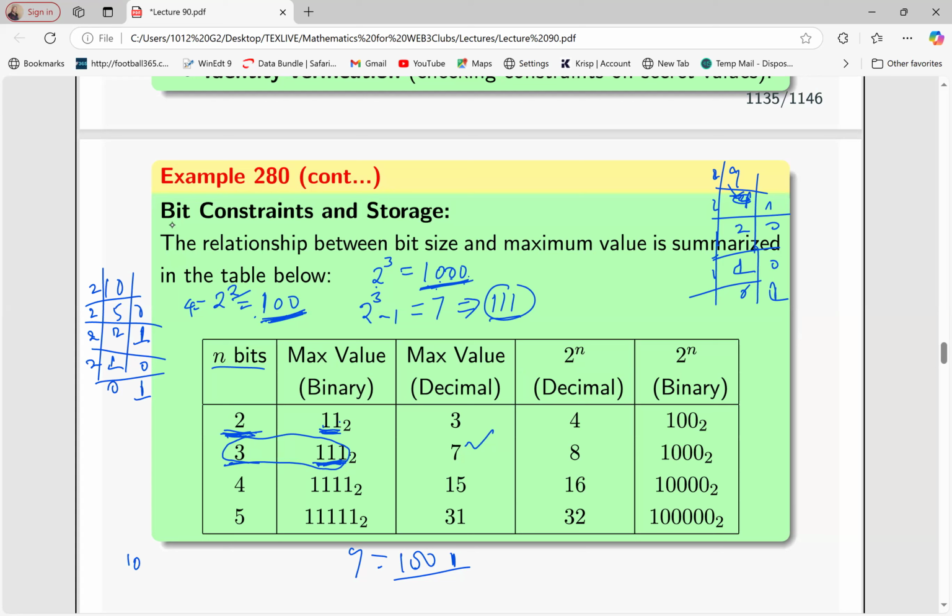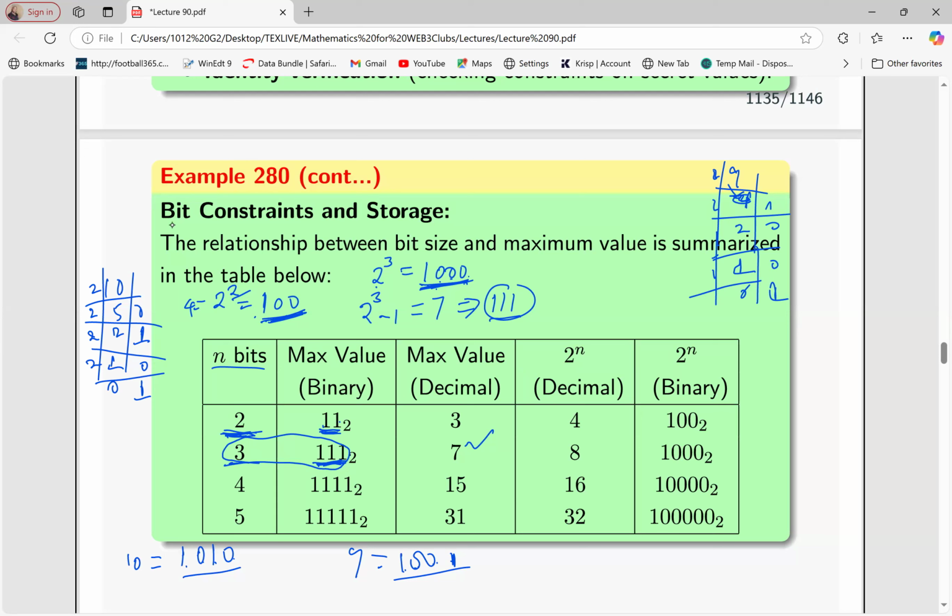So 10 is 1, 0, 1, 0. But how many bits are they? 1, 2, 3, 4. Even this is 4 bits. So in terms of storage, they require the same storage. 4 bits will require the same storage, and 3 bits will require the same storage, all of them.